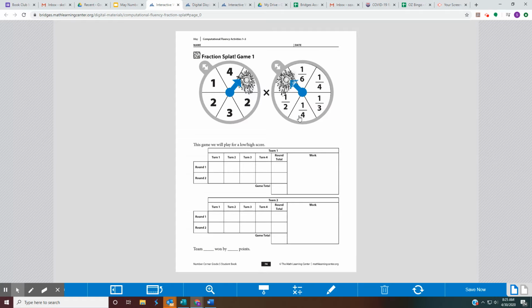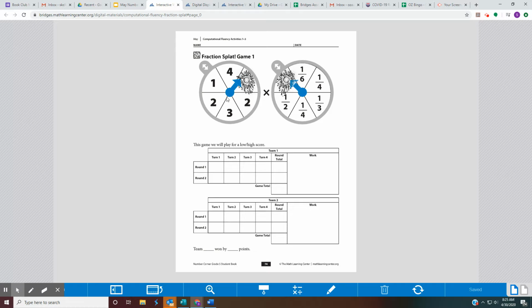Since we're going low score, I have to figure out what the highest fraction is. You know, initially I'm thinking, ooh, the 6 is the larger number, so I want to have you do 1/6. But then I have to think about my knowledge of fractions. And I know that the number on the bottom, the denominator, the one with the smallest denominator, is the larger fraction.